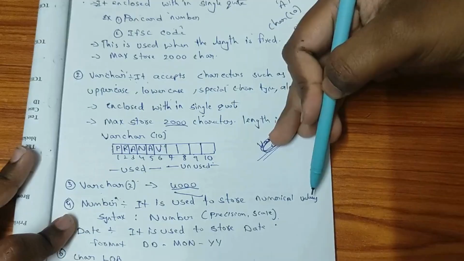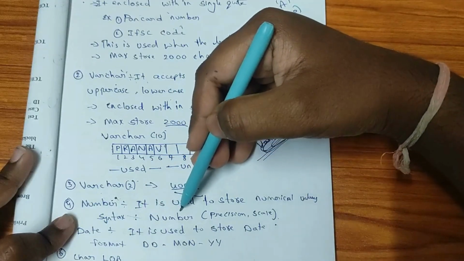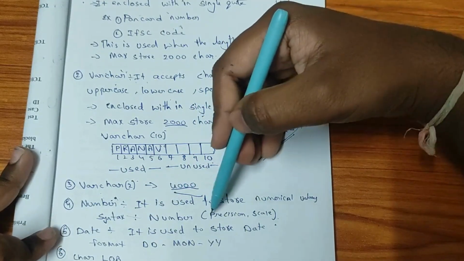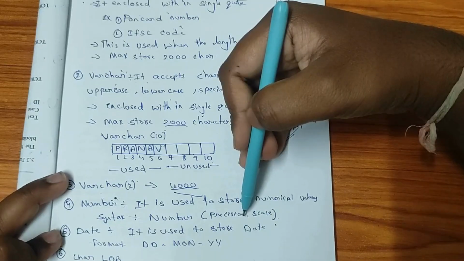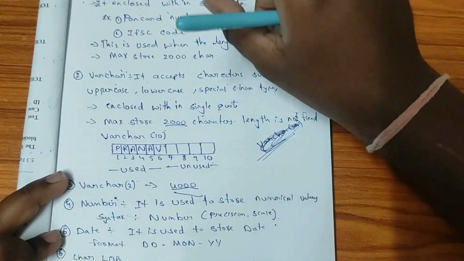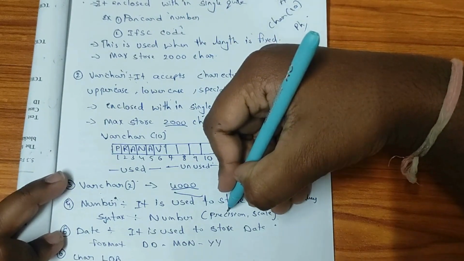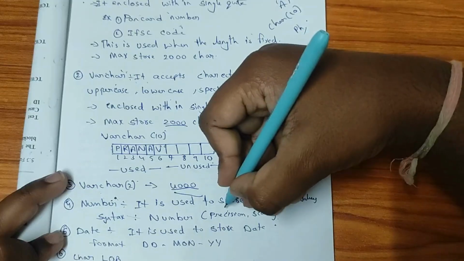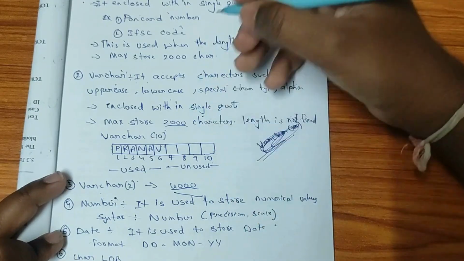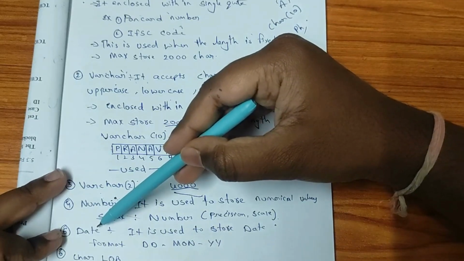It is used to store numerical values, and the syntax is number, precision, and scale. Precision is nothing but the count of digits in the data. If we are using 10 digits, we will write 10 here. The next is date.